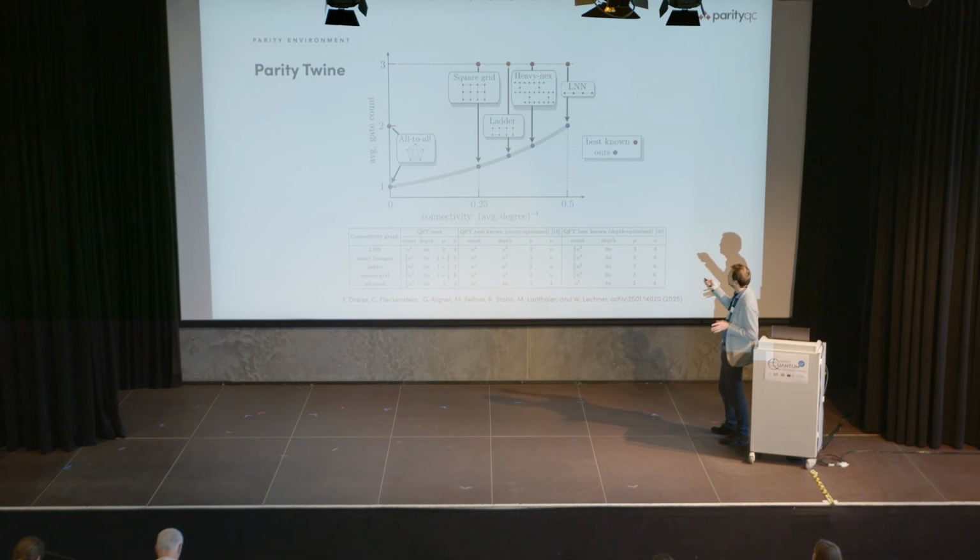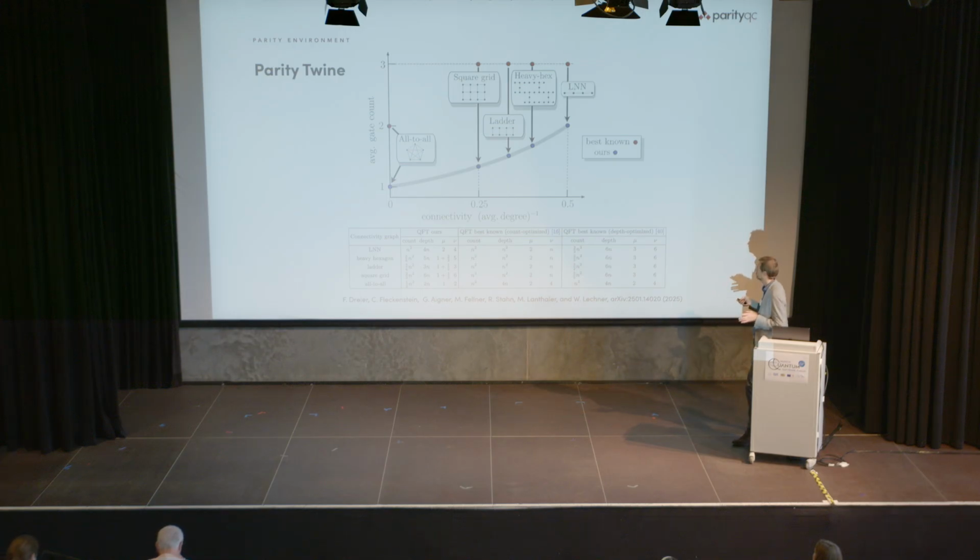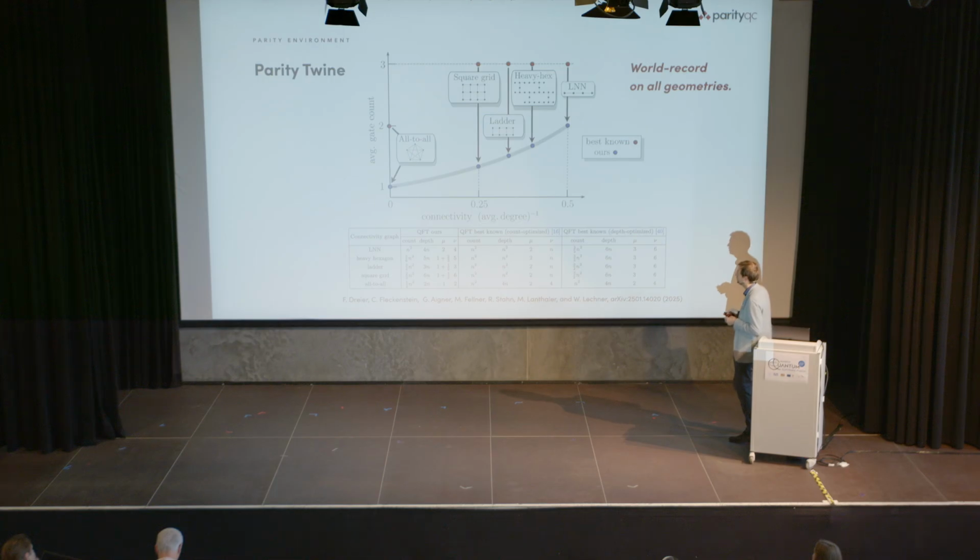So for the linear chain, for the heavy hex, for the ladder, for the square grid, and even for the all-to-all model. And so to say, these are the tables to it, so you can see that we've reduced count and depth for all these geometries. So this is the world record implementation of QFT on all geometries.